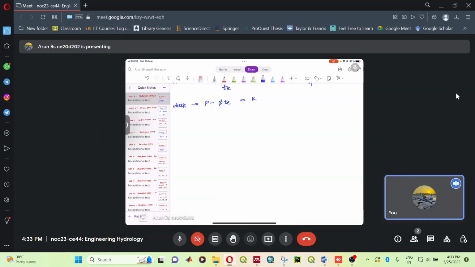So we can check that easily. Now we got the phi index. Now we need to proceed with the calculation of the direct runoff hydrograph.